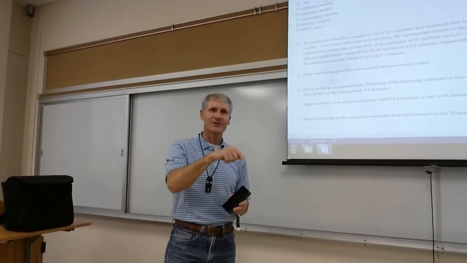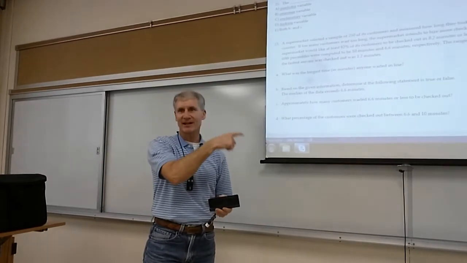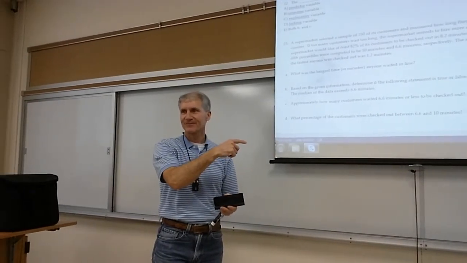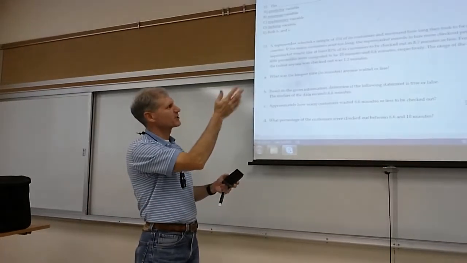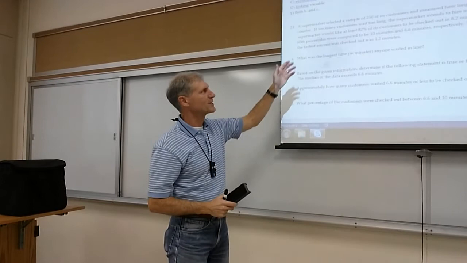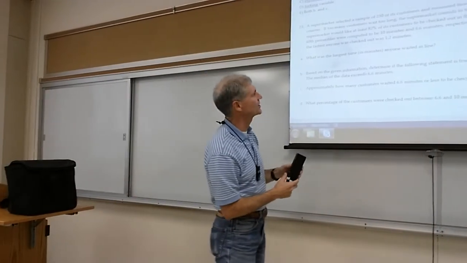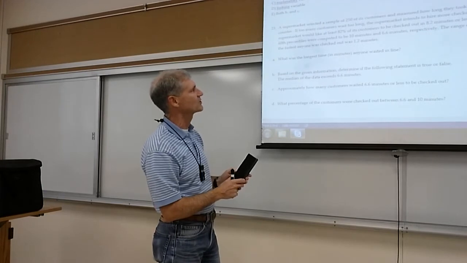Now I'll just tell you, I went into the Hawks Learning System homework and copied this question. You may recognize it, right? The numbers are just generated, so they're weird. The company wouldn't use 82%; they would use 80, some nice round number, but 82% to be checked out in 8.2 minutes or less.